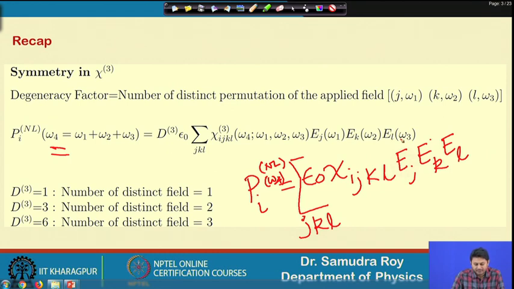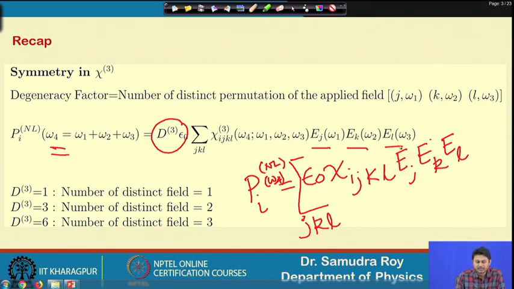Now, if any two of these are the same, or all three are the same, or none of them are the same, there are three different conditions, and for these three different conditions we have a degeneracy factor. This degeneracy factor will come because these fields may be the same.